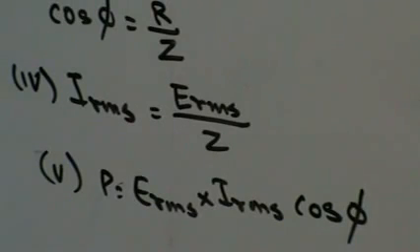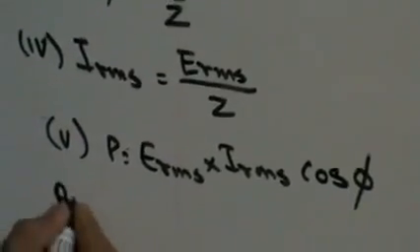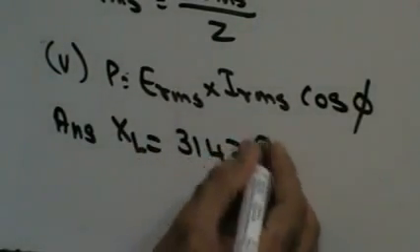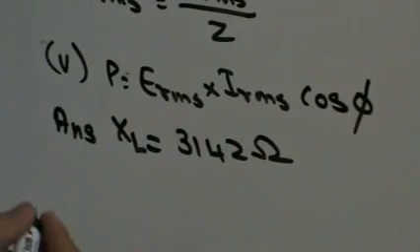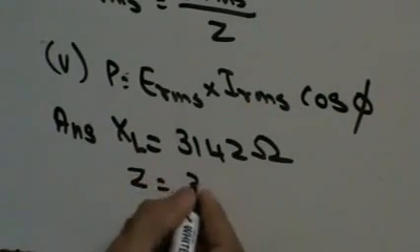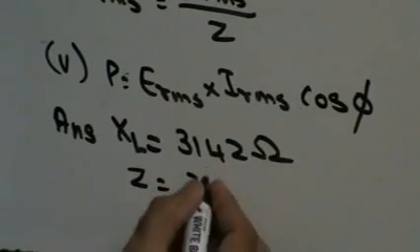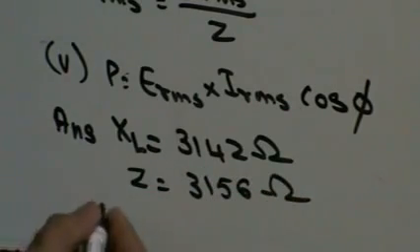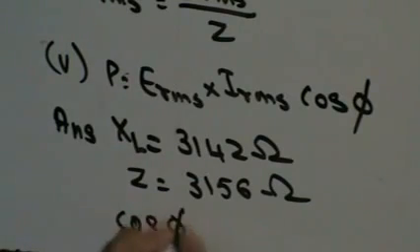The answer for this sum should be: inductive reactance should come to 3142 ohms. Next, impedance is 3156 ohms. Power factor cos phi is 0.0951.